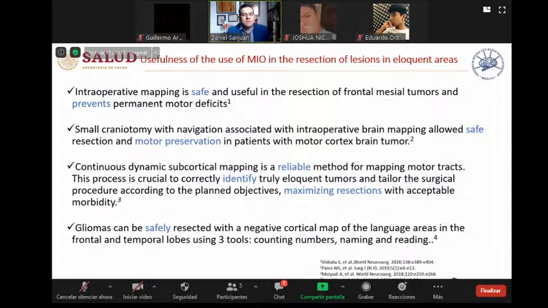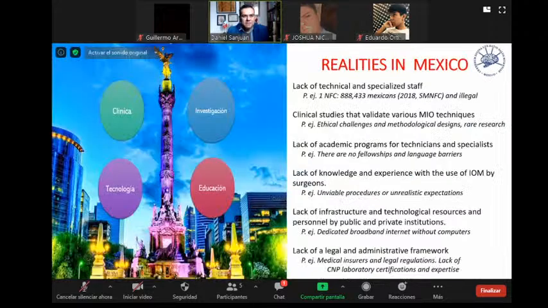And you can see some relevant words like safe, prevention, motor preservation, identifier, reliable, maximize resection, safety in different scenarios. Just to summarize, the implementation and use of these techniques can increase the rates of good outcome in each patient. Okay, thank you so much.